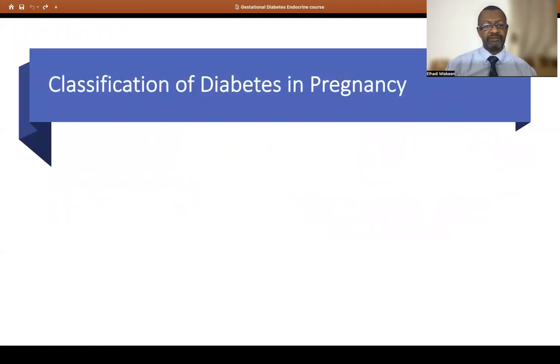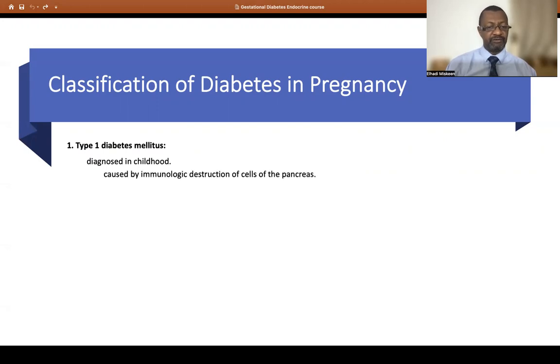The classification of diabetes in pregnancy is, as we mentioned before, either type 1 diabetes mellitus, which is diagnosed in childhood and caused by immunologic destruction of the beta cells of the pancreas, and the common complication that can occur is diabetic ketoacidosis.